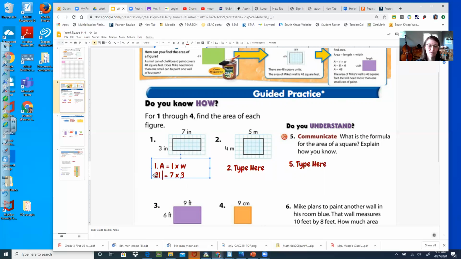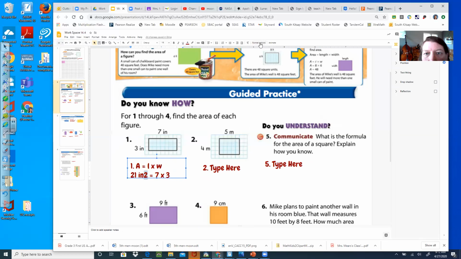And I may see if I can figure out how to do that little 2. So I typed the 2, I've highlighted it. Now I'm going to come up here to all my different font choices. I'm going to take my glasses off so I can see better. Is there a drop down? No. Let's see, format options. Okay, nothing happened there. Bullets, number list, line spacing, align.